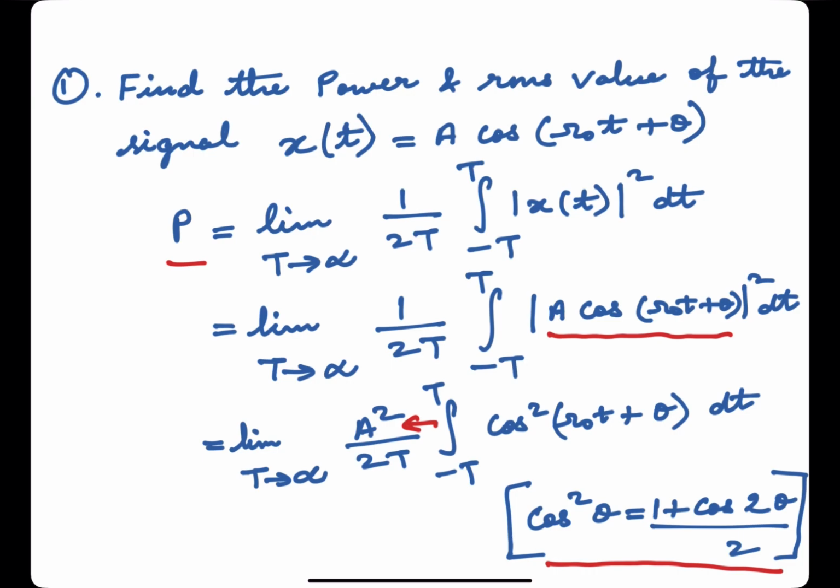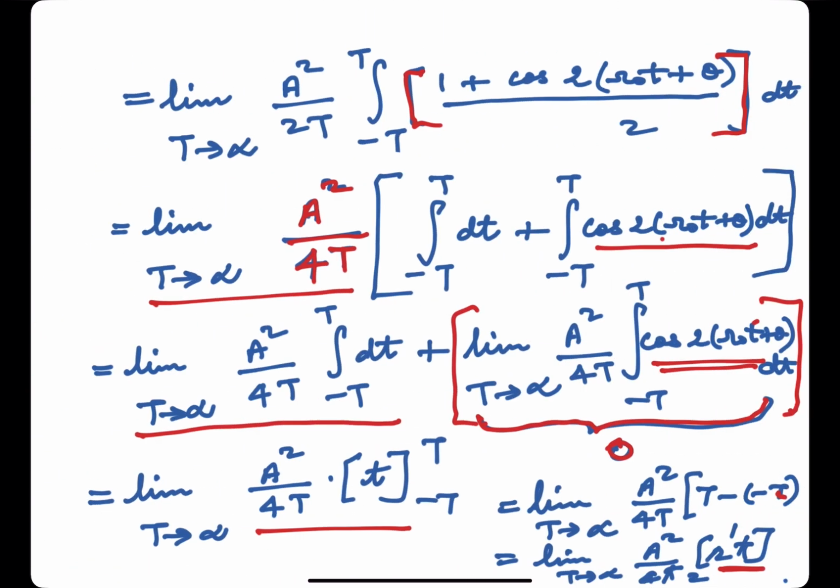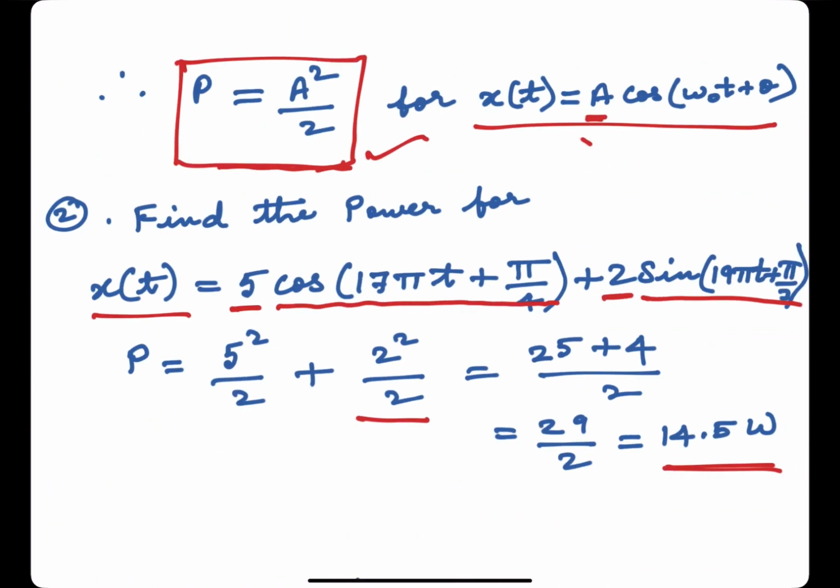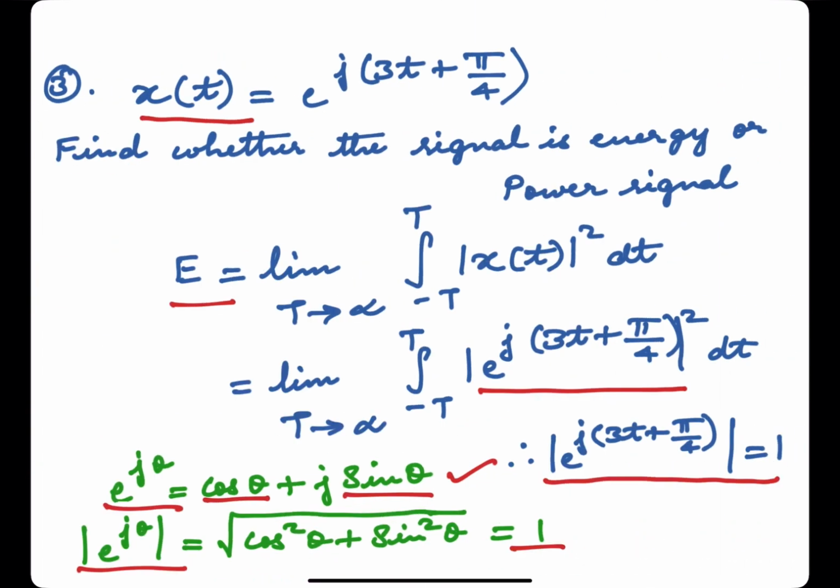Then we saw how to find the power for the standard signal, that is x of t equivalent to a cos omega naught t plus theta. This is a standard result: the power of this signal is P equivalent to a square by 2. So if a question is asked like x of t equivalent to 5 cos 17 pi t plus pi by 4 plus 2 sin 19 pi t plus pi by 3, we can directly take only the amplitudes, substitute, and find the power value.